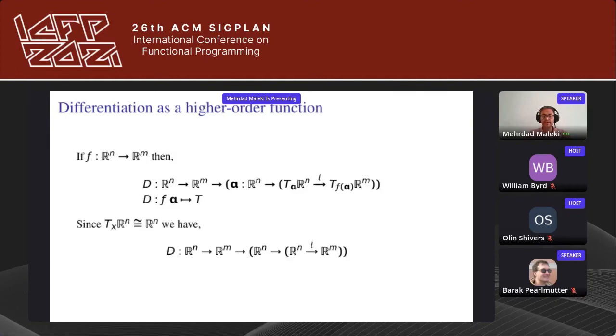So for a function from R^n to R^m, the operation works like this, from T_A R^n to T_f(A) R^m.